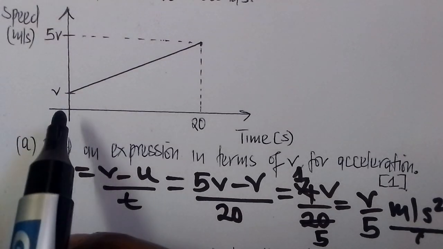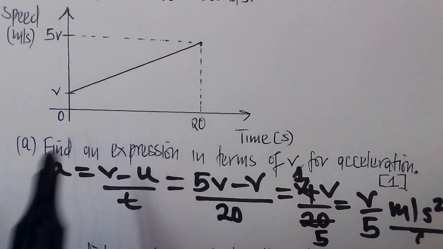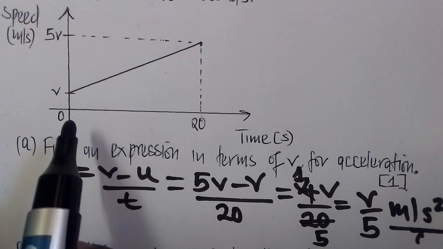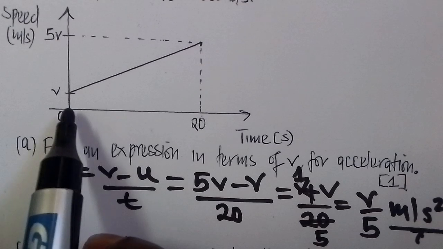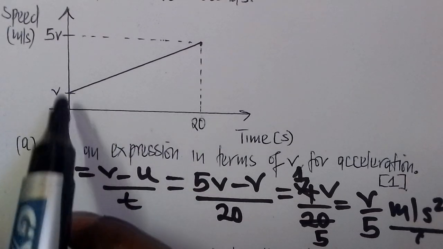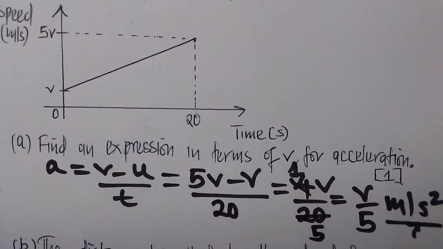This is because we've got 2 parallel lines, from there to there v, and from there to there 5v. And then we are going to take from 0 to 20 as height. So this will be our height, then this will be a, this will be b. Why are we using area on this part? This is because area under a graph is equal to distance traveled.